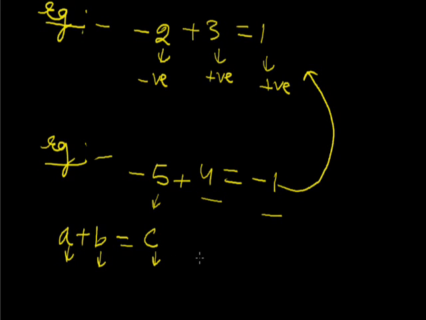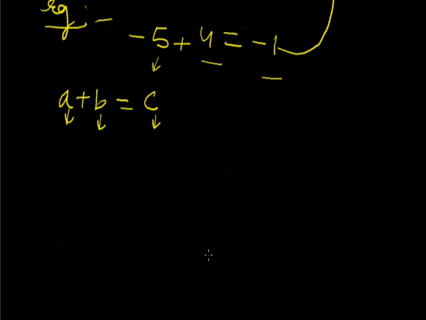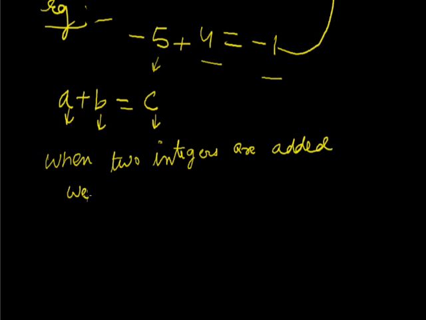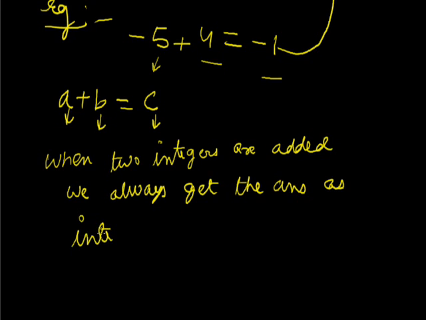So the property can be termed as: when two integers are added we always get an integer.